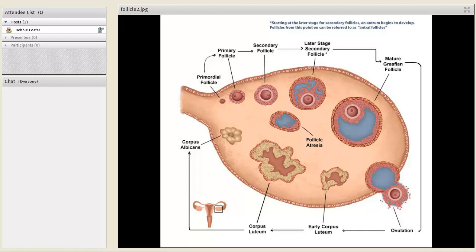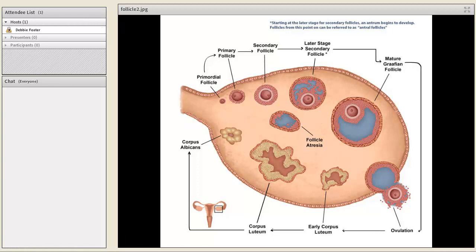The female reproductive cycle is really unique in the sense that in women in utero, so as a fetus, meiosis begins and then it stops; it's arrested, so to speak, at a very early stage.